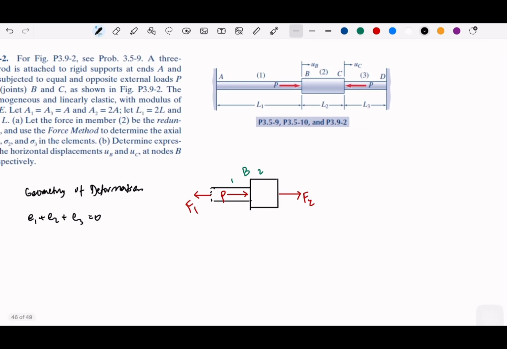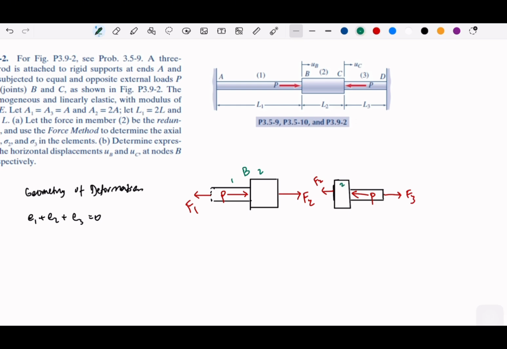And the other part is on C. We have another P, and this will be F2, and we have F3.